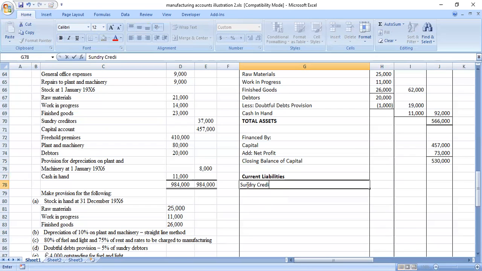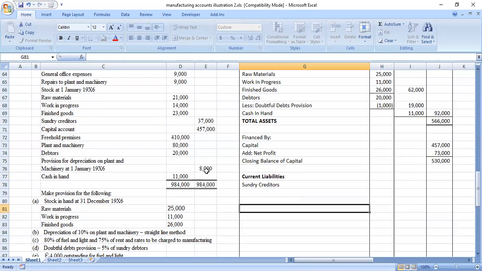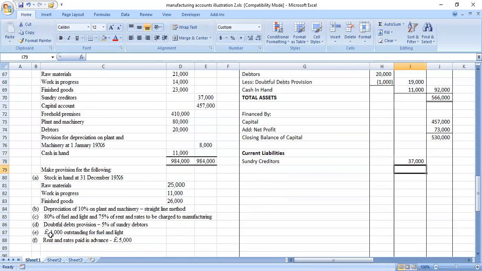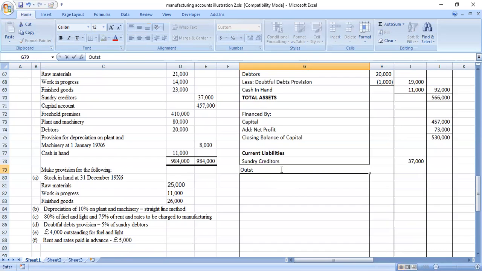Shida imetokea wapi? Sundry creditors we have is 37,000 shillings. And then from our additional information, we have the outstanding fuel and we have the rent in advance. So we add them here. So outstanding fuel and rent, which is 4,000 shillings.